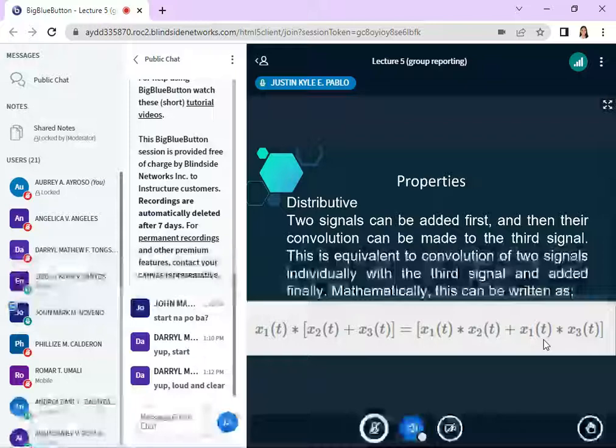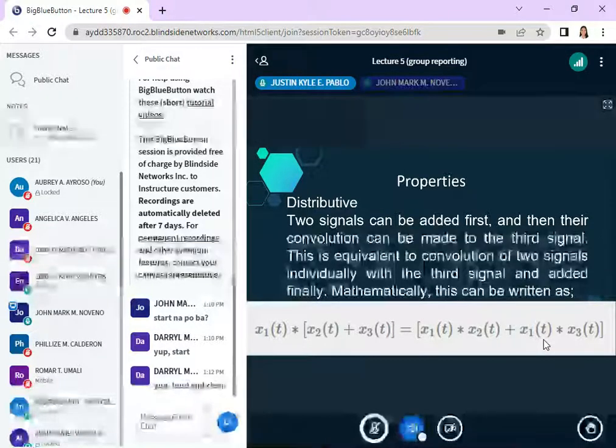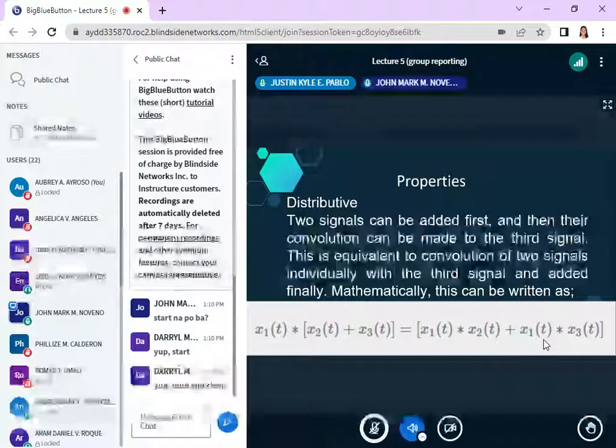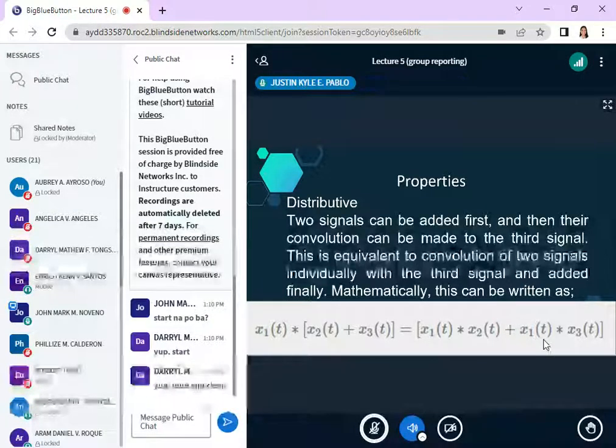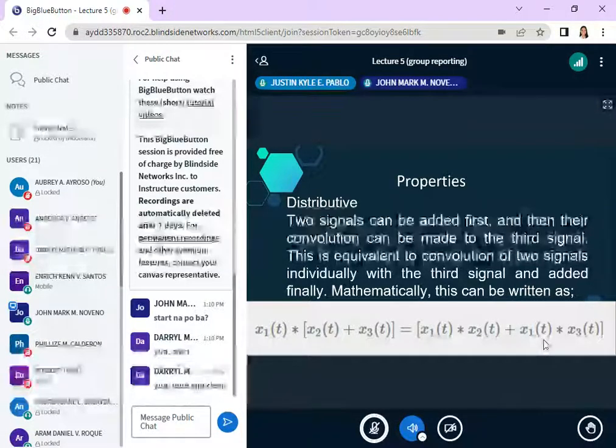Kaya yung sa baba po niya, yung picture, yung x sub 1 t convolution x2 t plus x3 t equals, yung kalalabasan niya, x sub 1 t convolution x sub 2 t plus x sub 1 t convolution x sub 3 t. Parang yung distributive law lang siya, yung i-convolute nyo na yung x2 tsaka x3 t, parang magiging may hahalo lang yung x1 sa kanya.